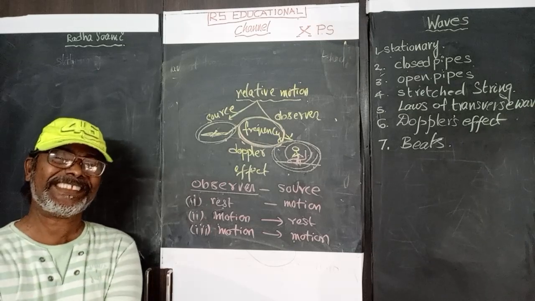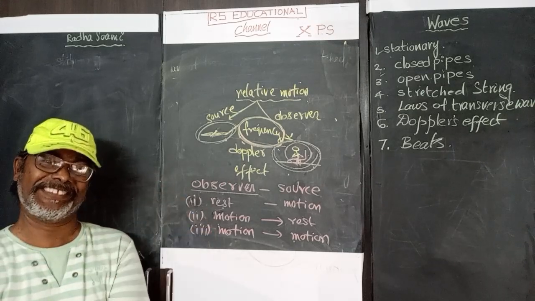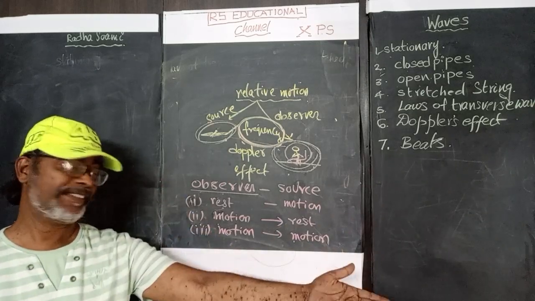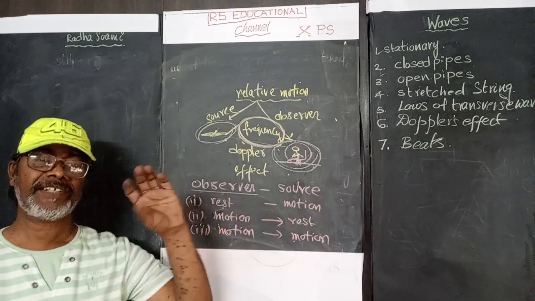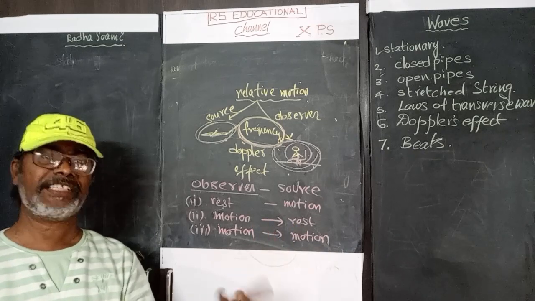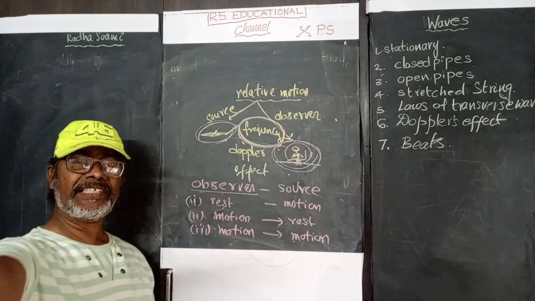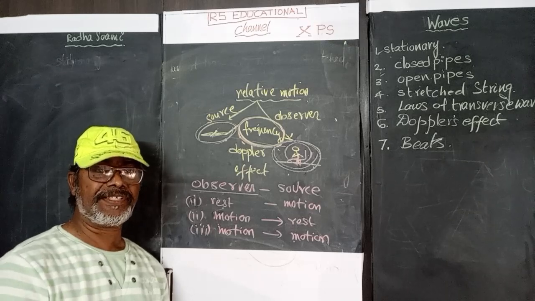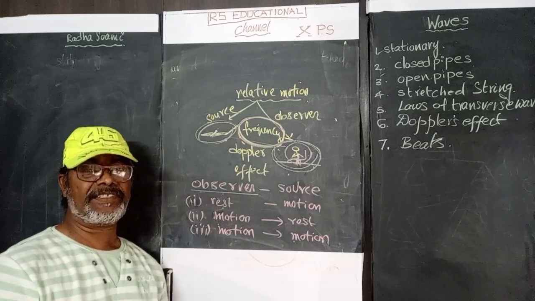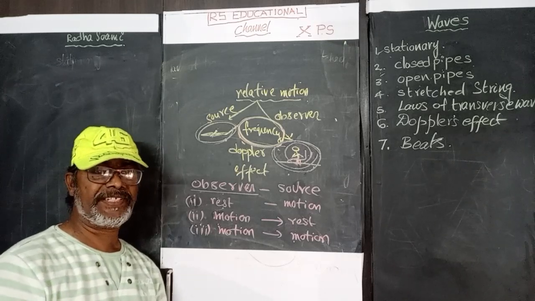If both are at rest, there is no change in the frequency. So, a gramophone is there, we are here, continuously listening. There is no change in the frequency. Your TV and your place, you are watching a film. There is no change, both are at rest, if you are sitting in the chair.